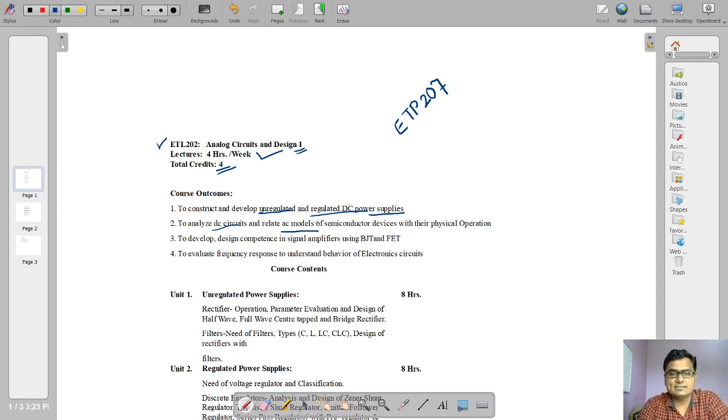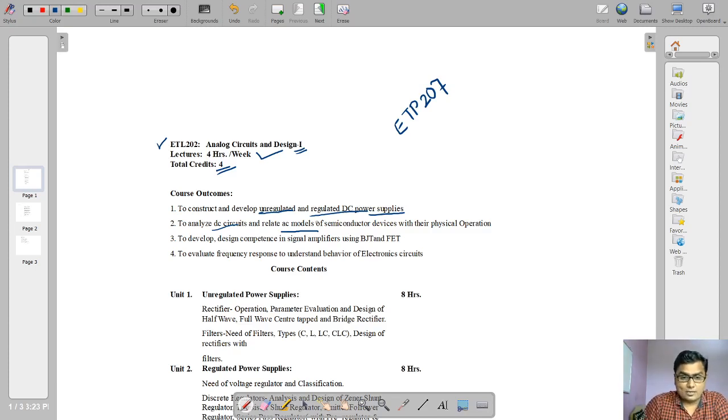It means AC analysis and DC analysis both are included in the subject, so you will be able to analyze them with their DC models as well as AC models. For the time being, don't think about what is the DC model of a circuit and what is the AC model of the circuit. As time goes on, when we start with the third and fourth chapters, you will understand what is AC analysis or AC model, and what is DC analysis and DC model. So for all the circuits, you will be able to model them.